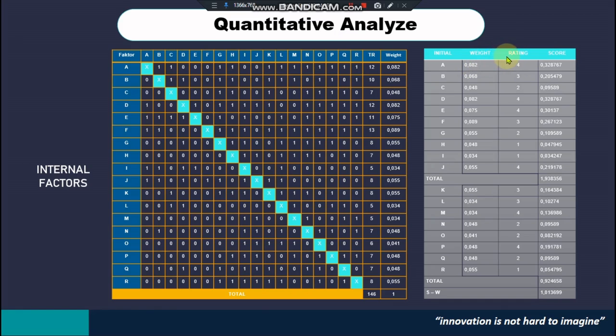So we multiply the weight by the rating value to get a weighted score. After we get the weighted scores, the total of the strength is 1.9 and the weakness is 0.9, so strength minus weakness is 1.01.